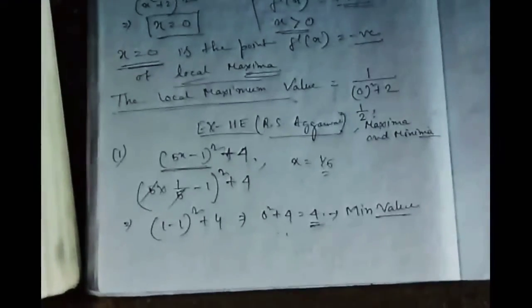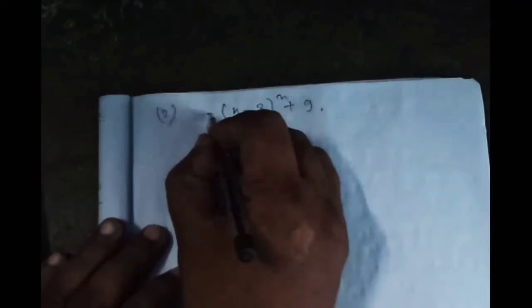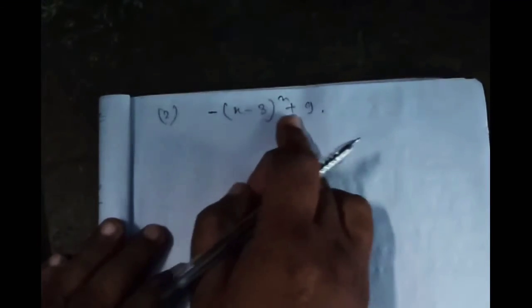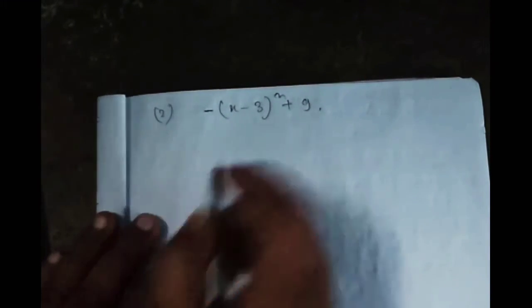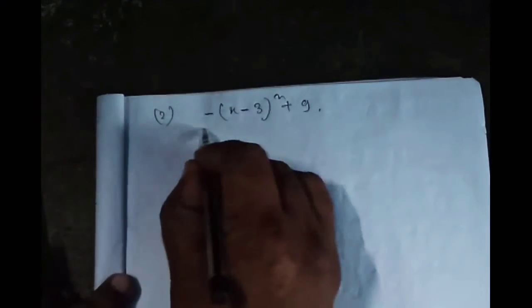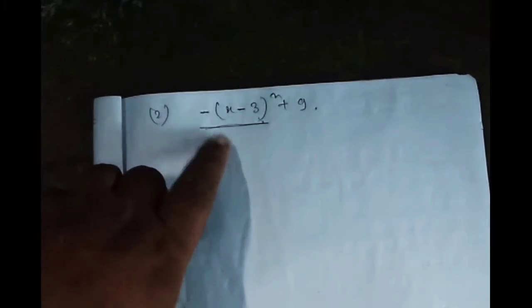Next, move to another question. So next I am taking another question, and this question is again from maxima and minima: minus (x minus 3) whole square plus 9. So here if we take whatever value of x, this portion becomes negative.